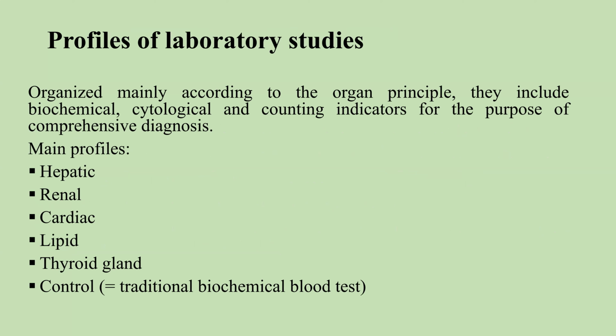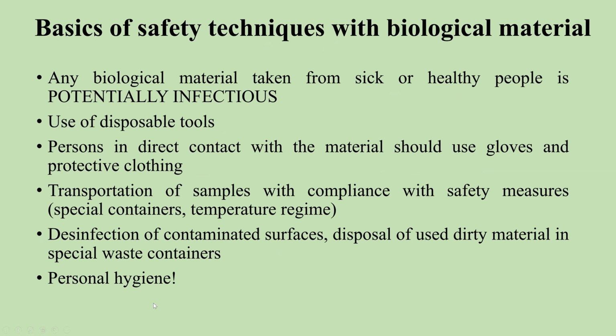For blood, there exist some specific profiles. Probably the most information is about biochemical profiles like hepatic, renal, cardiac, lipid, thyroid, or some control.